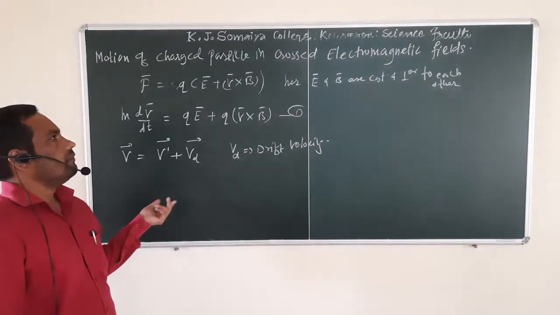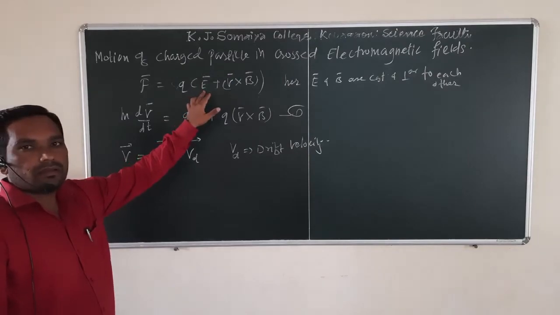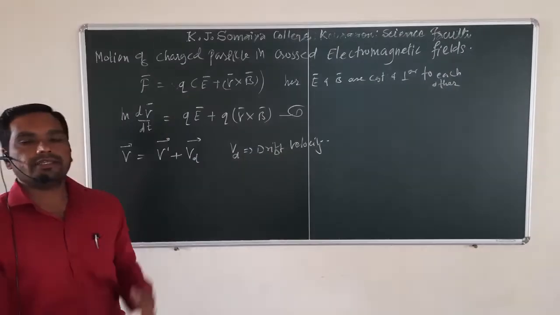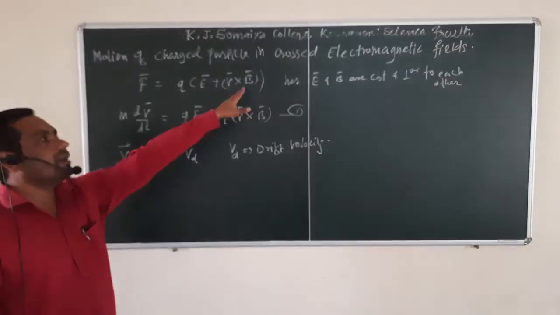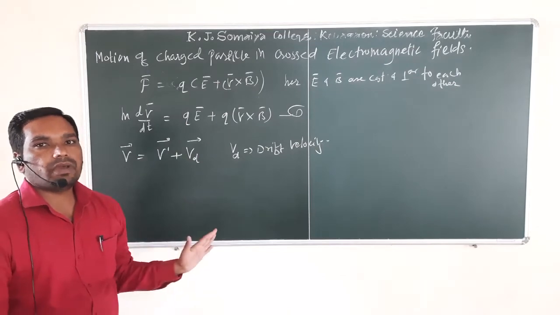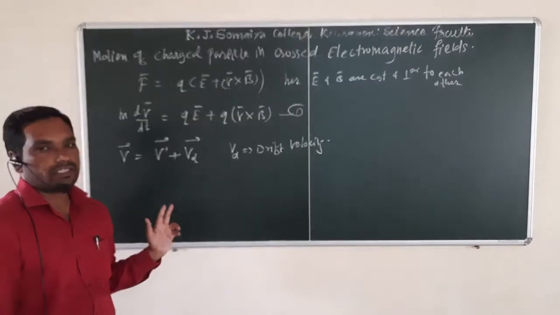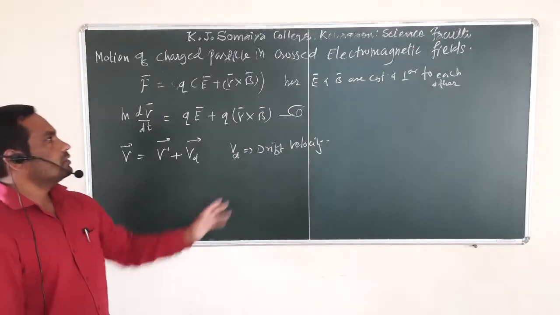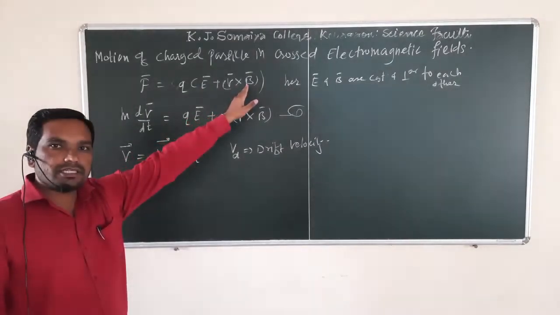Because the role of the electric field is to accelerate charged particles, while the magnetic field does not increase the velocity of the charged particle, it only changes its direction. So here the particle is accelerating, and here the direction is changing.